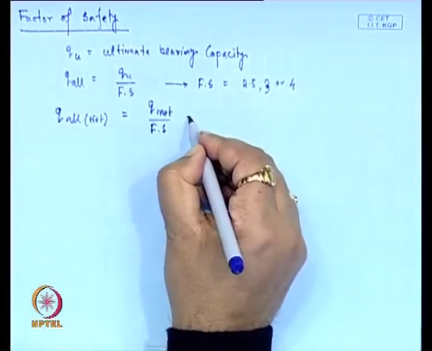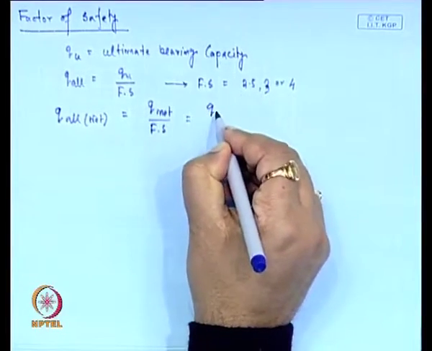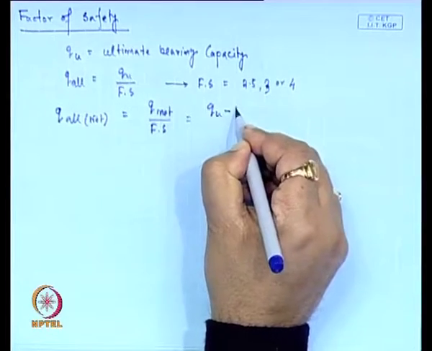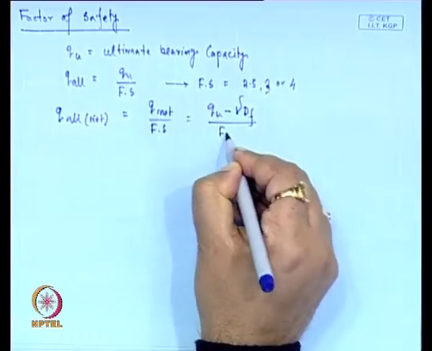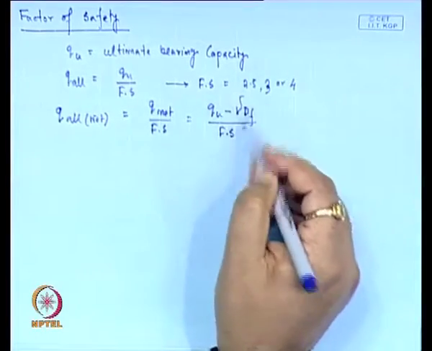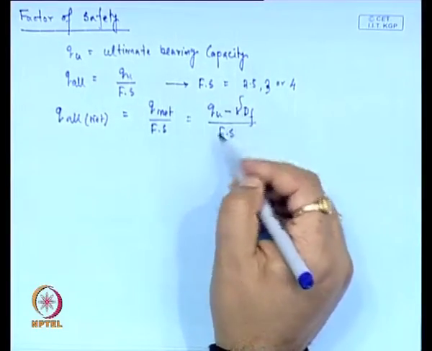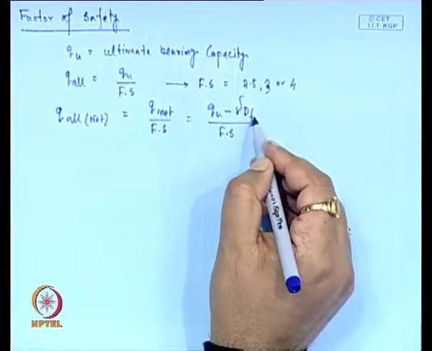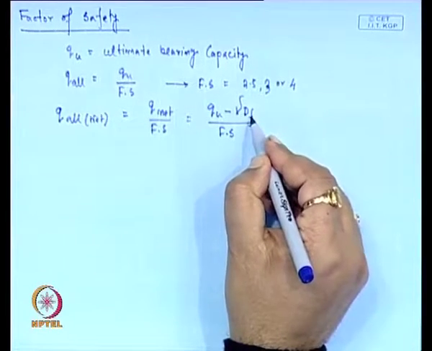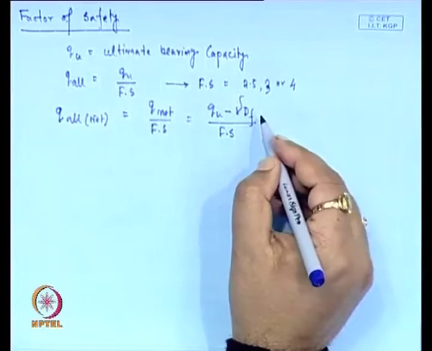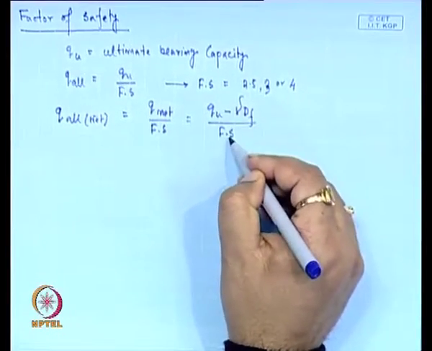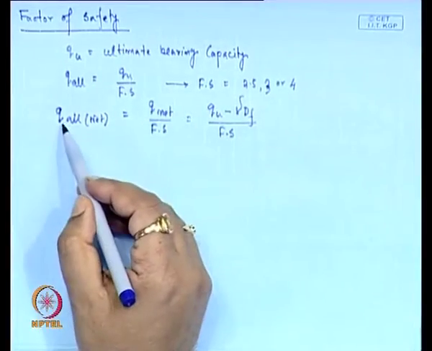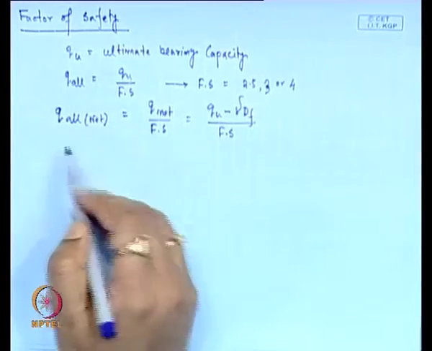Here Q net is Q ultimate minus gamma into D_f, which we have already explained. D_f is the depth of the footing, gamma is the unit weight of the soil. So this is the net bearing capacity. If we apply the factor of safety, then we will get the Q allowable net.